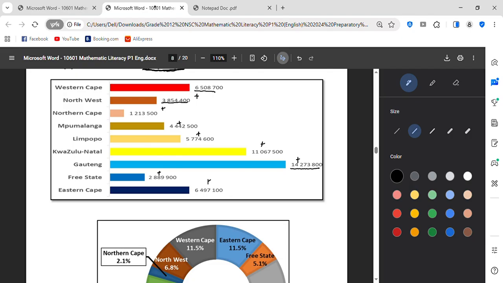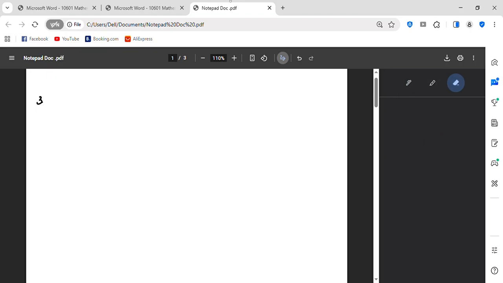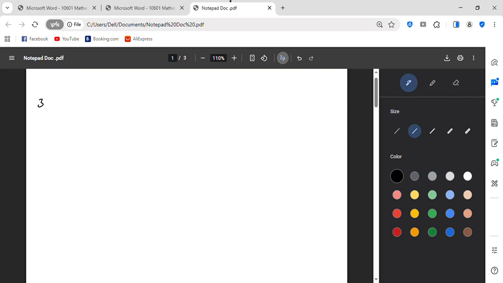Then you add all these figures together, and they will certainly give you that figure of 56,522,000.